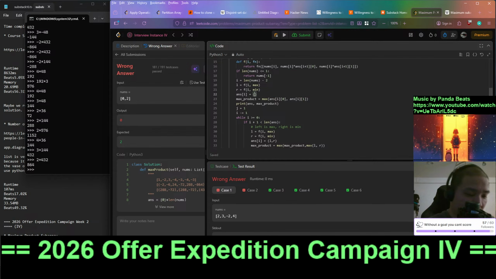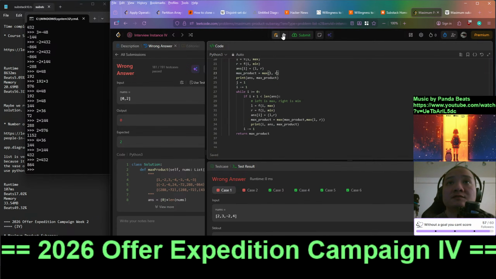Will be left and right, right? So starting off with left and right, right?